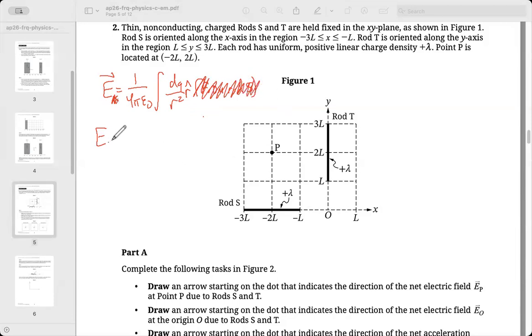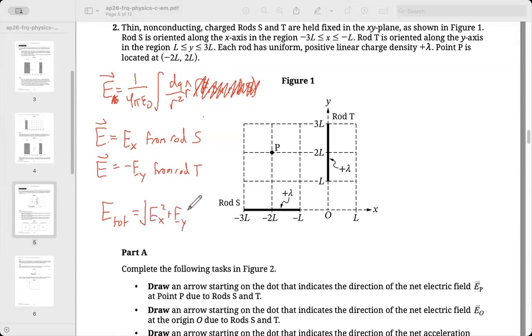So we can say that E is equal to EX from rod S, and E is equal to negative EY from rod T. Again, the symmetry of this problem says that they should have equal magnitude, so the total electric field magnitude should be the square root of EX squared plus EY squared, which is actually going to equal the square root of 2EX squared.